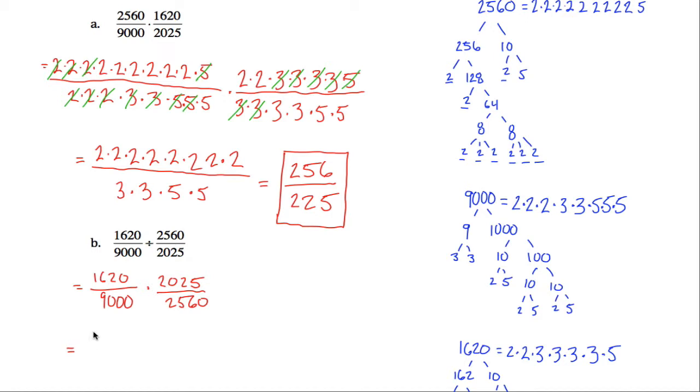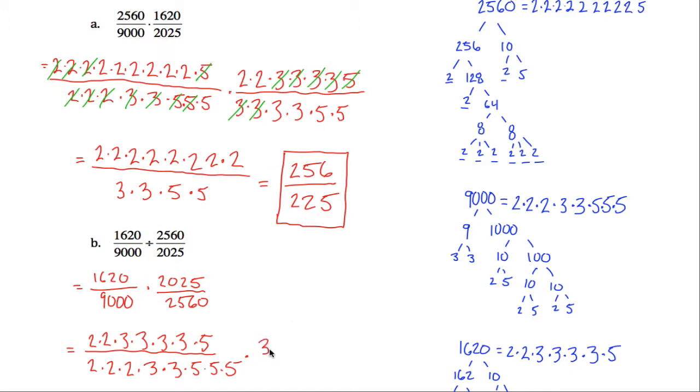I know that 1620, which I already wrote up here, is 2 times 2 times 3, 3, 3, 3, 5, and 9,000 is 2 times 2 times 2, 3 times 3, 5 times 5 times 5. And then I want to multiply that by 2025, which is what I had in the denominator here.